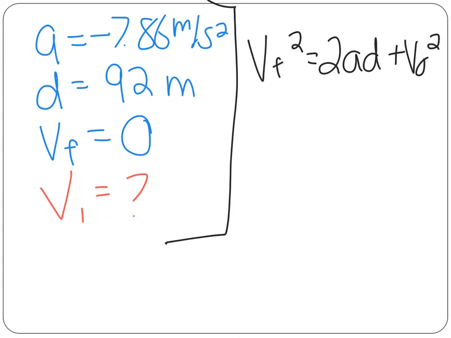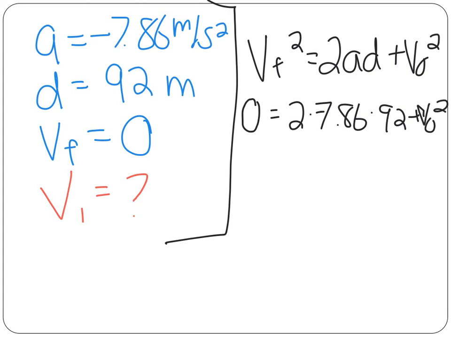So how do I determine which equation I'm using? I need to see what I already know. This will take time and practice in doing equations. Let's plug all our numbers in. So I have 0 equals 2 times negative 7.86 times 92 plus my V0 squared. This is what I'm looking for.